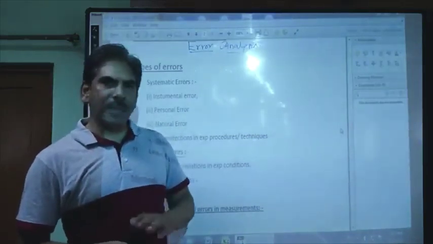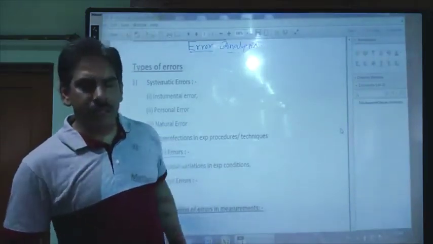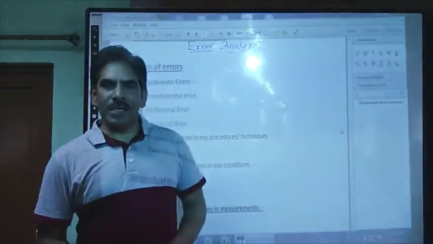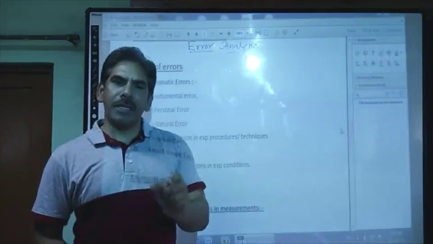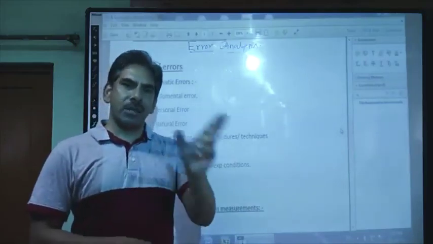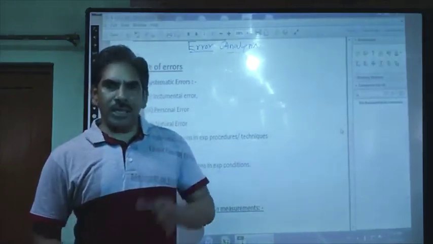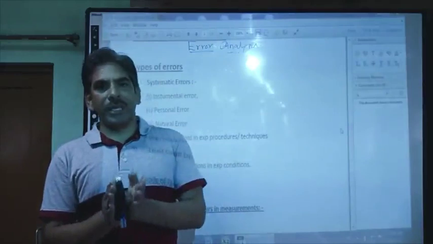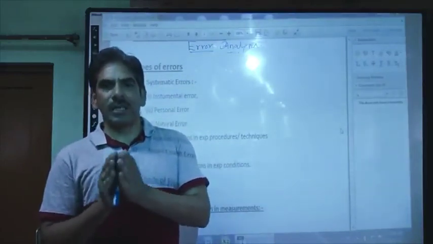The scale cannot measure values less than 1 millimeter, which we can also represent as 0.1 centimeter. So the scale has a least accurately measured value of 0.1 centimeter, which is the least count of that simple scale. So least count is nothing but the minimum value which can be accurately measured with the instrument. That is called the least count of the instrument.